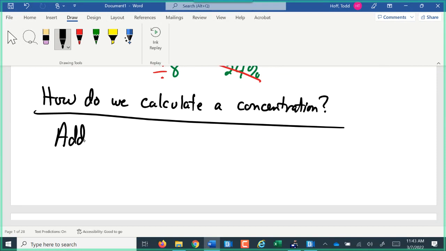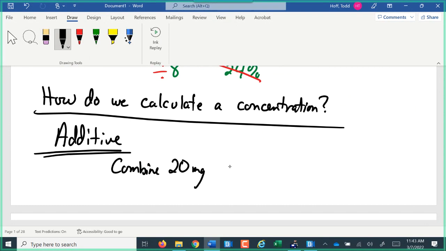Additive means if I combine 20 milligrams of one substance, 30 milligrams of another substance, the result, 50 milligrams.